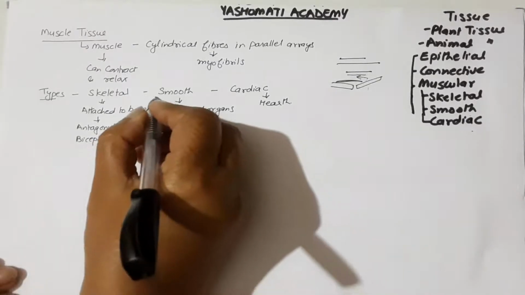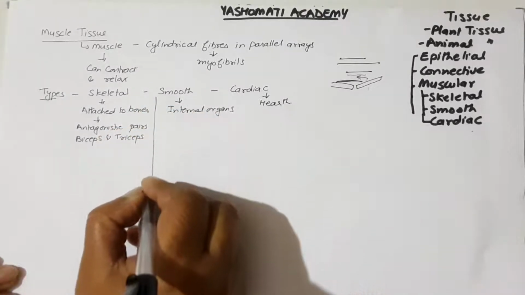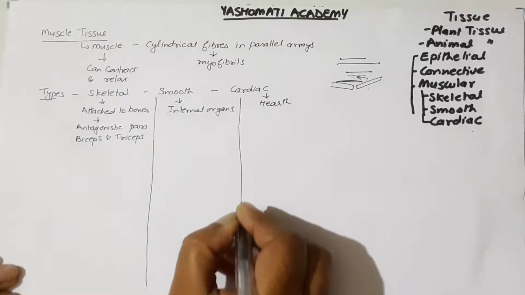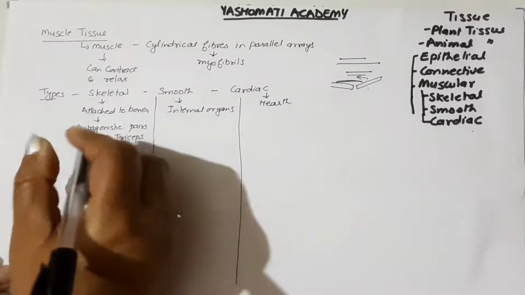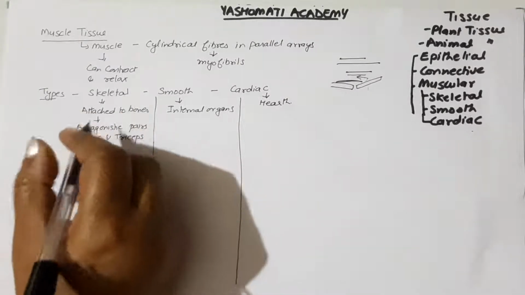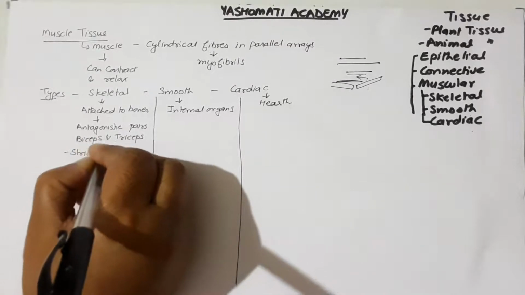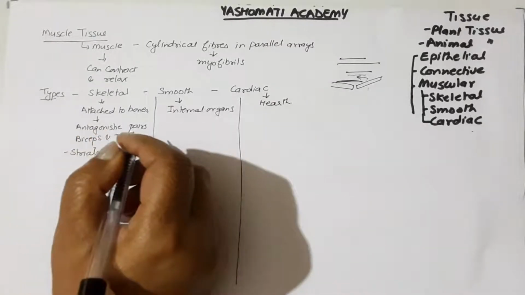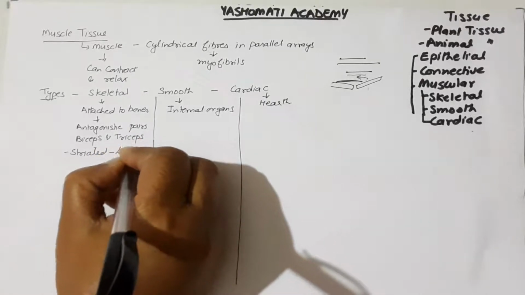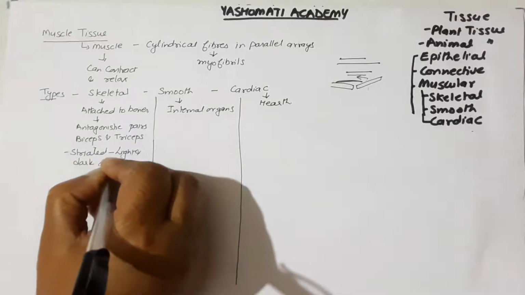Another characteristic feature is striated muscles. Skeletal muscles are also called striated muscles. Why are they called striated muscles? Because they have light and dark color bands on them.